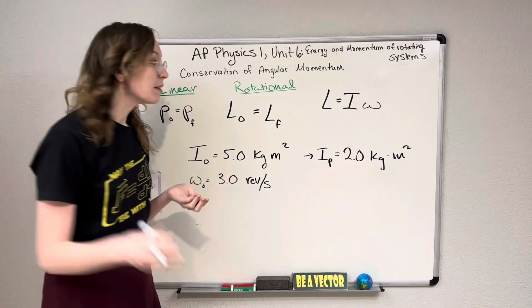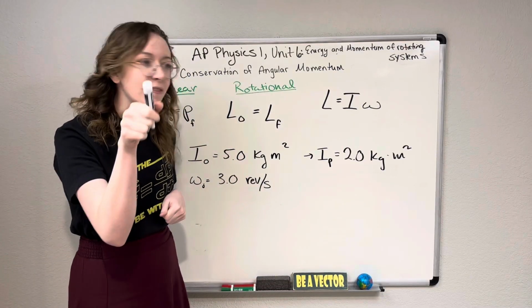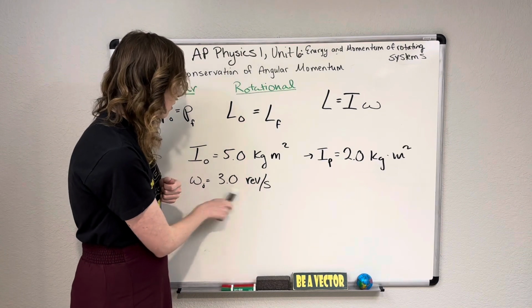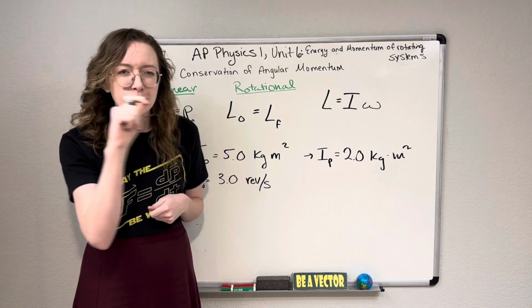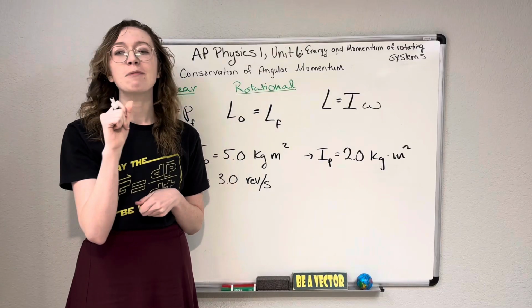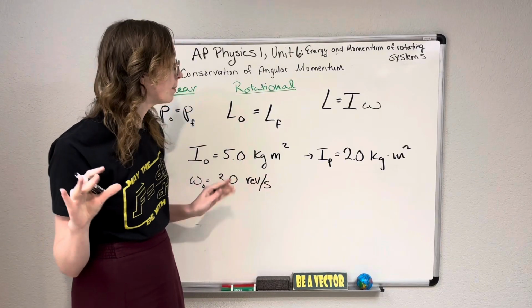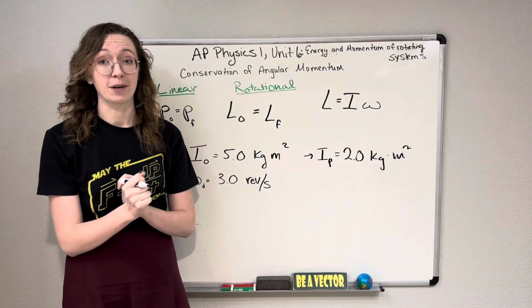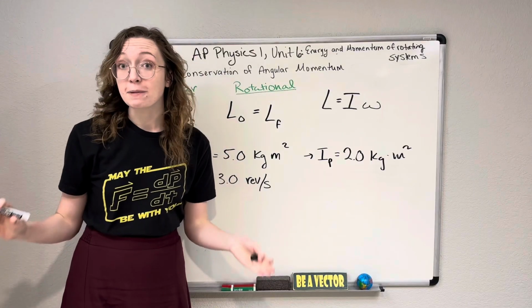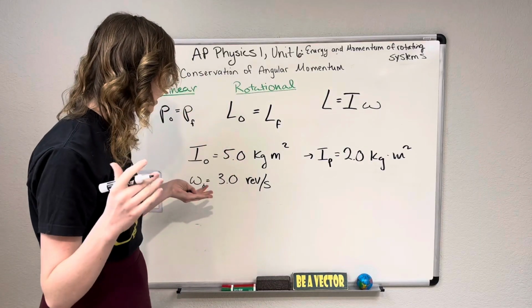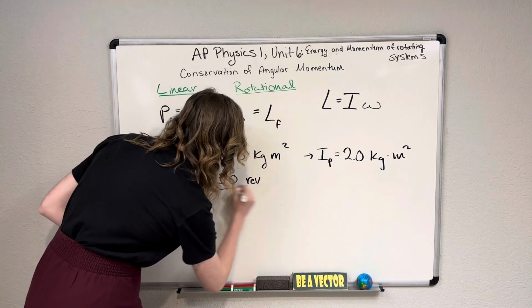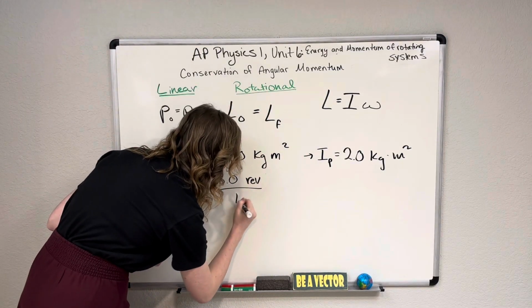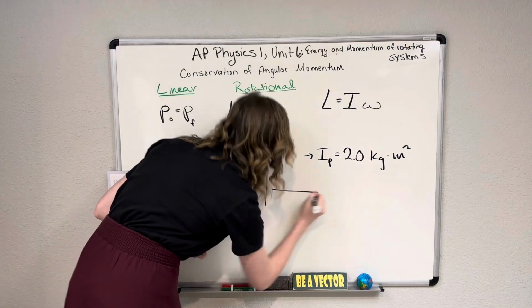So let's do that. Before we even get started, we should note the units that we have here: revolutions per second. Those aren't our SI units, so the first thing we should do before we dive into our problem is convert this to the proper units. Instead of revolutions per second, we're going to want radians per second. So I'm going to rewrite this as 3.0 revolutions per 1 second. We do our little train tracks.